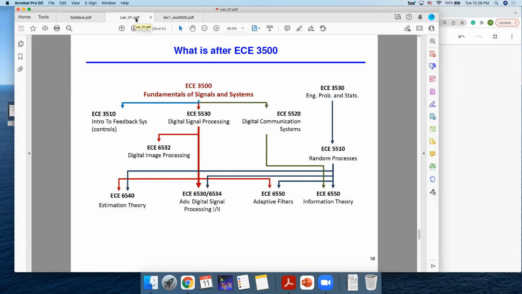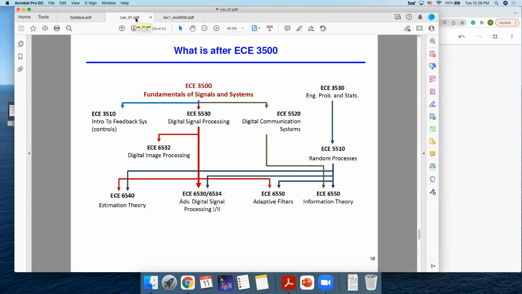This is digital signal processing, more advanced than the fundamentals of signal systems. Going further, you have digital image processing, which nowadays is related to machine learning and artificial intelligence. Going further, you have all types of advanced signal processing courses.